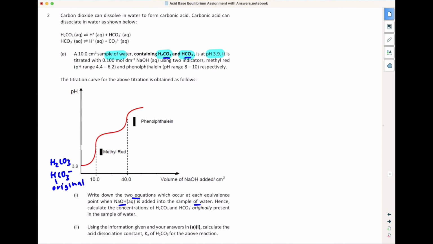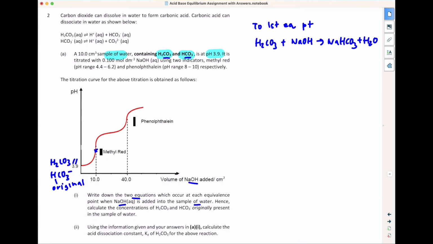So the first part is H2CO3 will react with the base to reach the first equivalence point. The H2CO3 will react with NaOH to give you NaHCO3 plus water. Alright, so that's the first reaction, okay, to reach here.